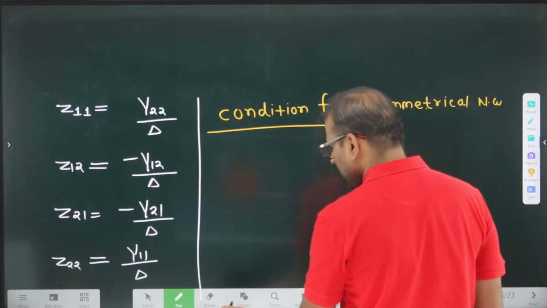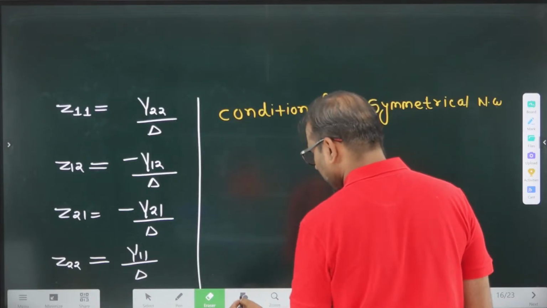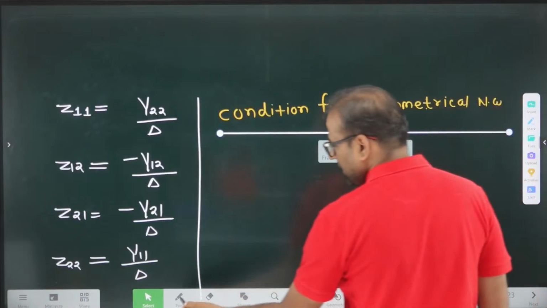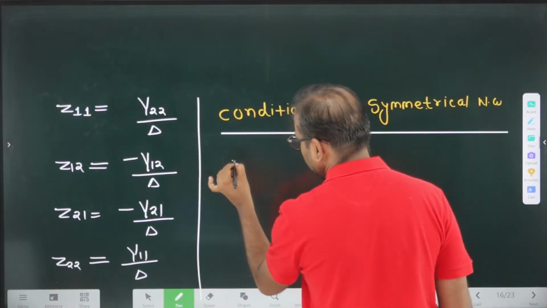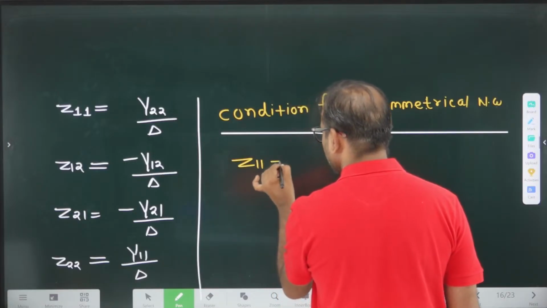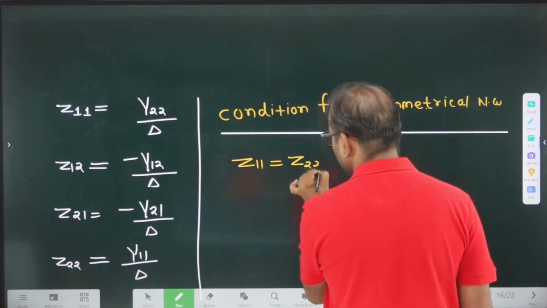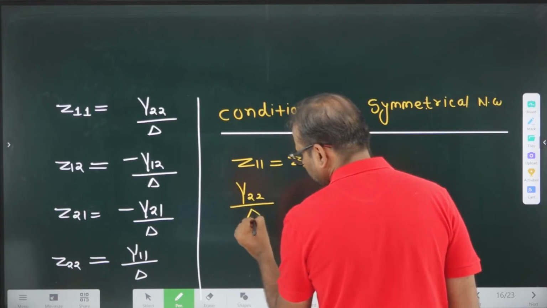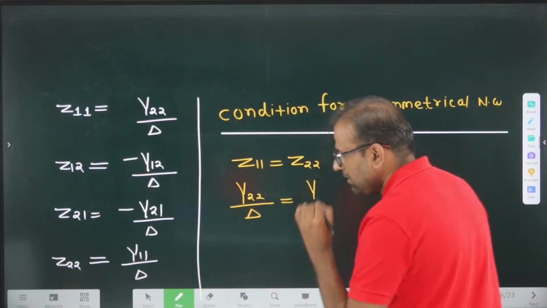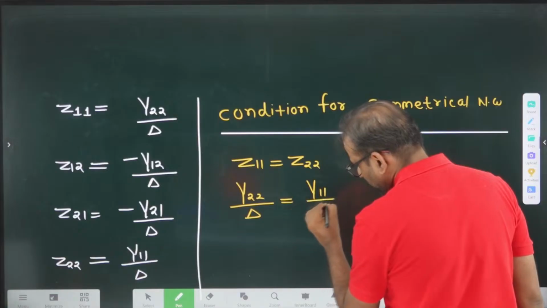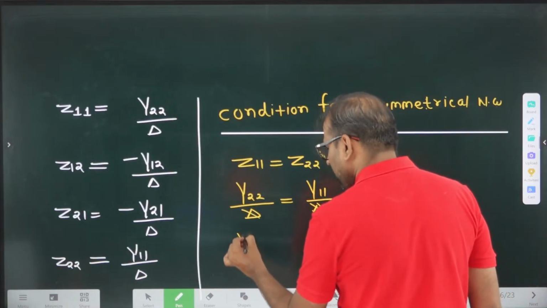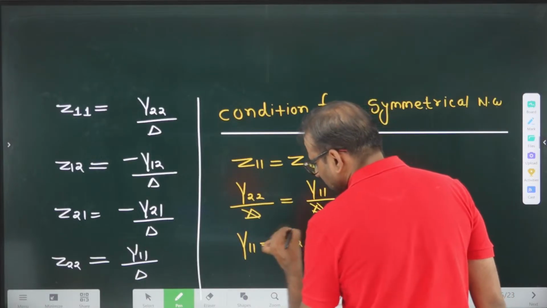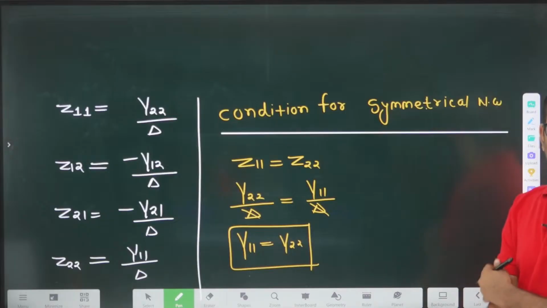The condition for symmetrical network says that Z11 is equal to Z22, or you can say Y22 divided by del is equivalent to Y11 divided by del. If both are equal, so in case of Y parameter, a two-port network can be said to be a symmetrical network if Y11 is equivalent to Y22.